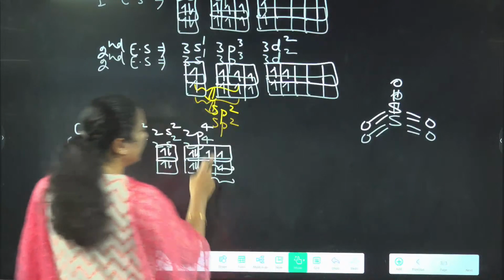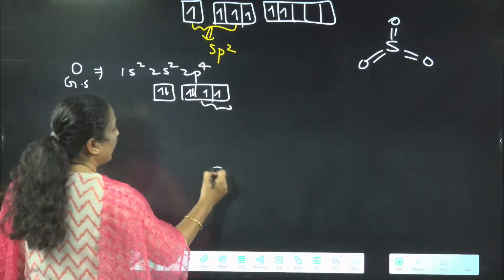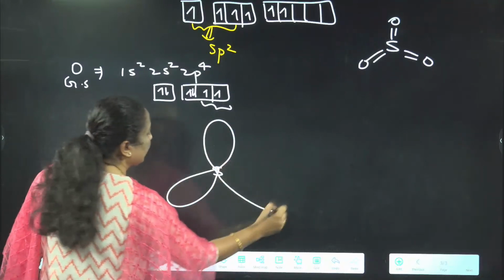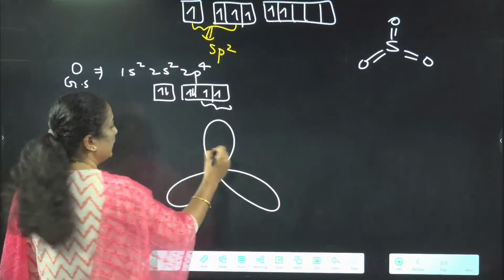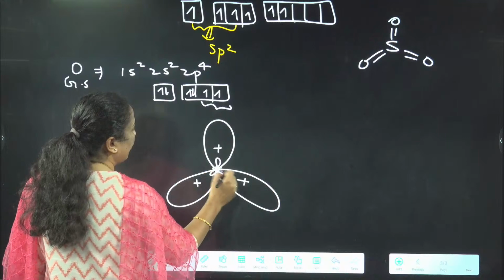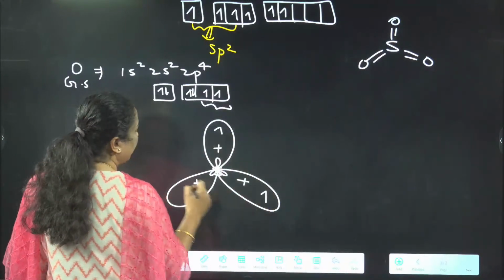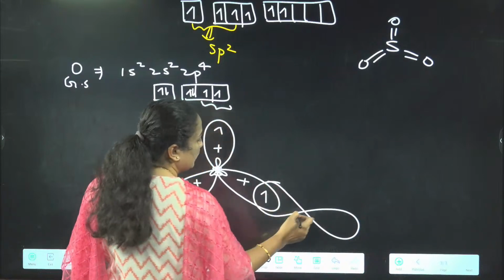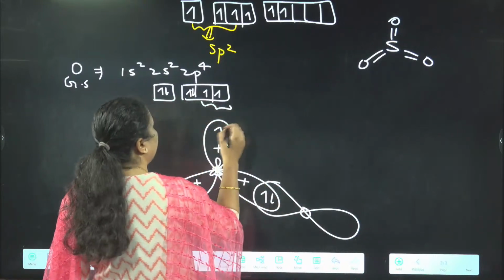So what is going to happen here is you think like this. You are having sulfur. On that sulfur, are you able to see there are basically 3 sp2 hybrid orbitals? They are having one electron each. This is going to overlap with the oxygen 2p orbital, right?